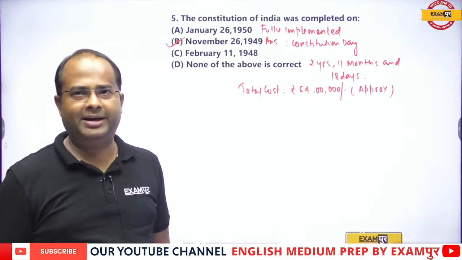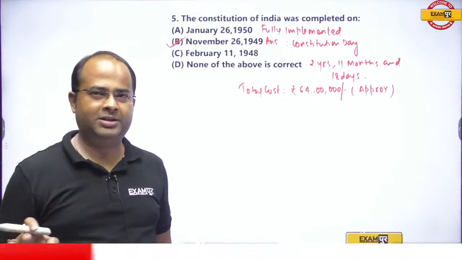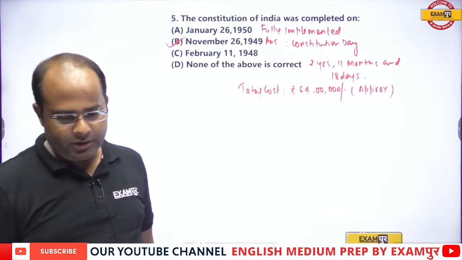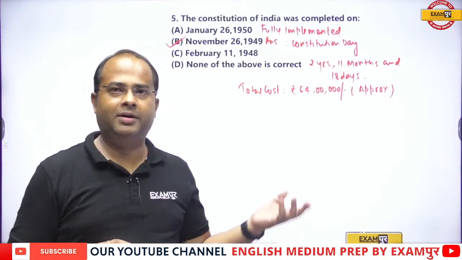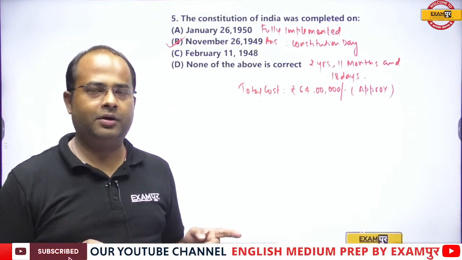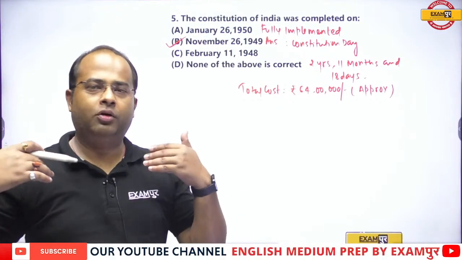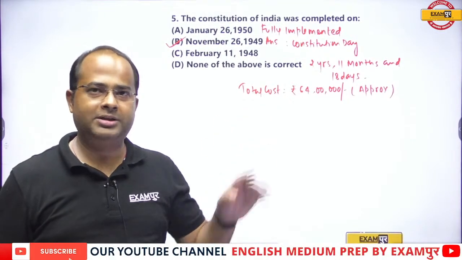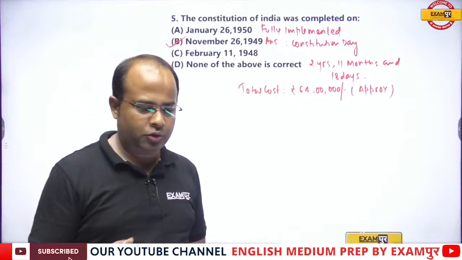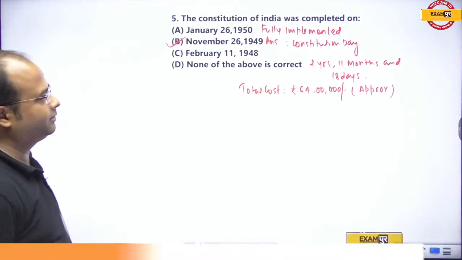It is approximate data, around 64 lakh was the total expenditure. Clear? So a total of 15 articles were implemented on 26 November 1949, and the Constitution was fully implemented on 26 January 1950. So the total cost was around 64 lakh.